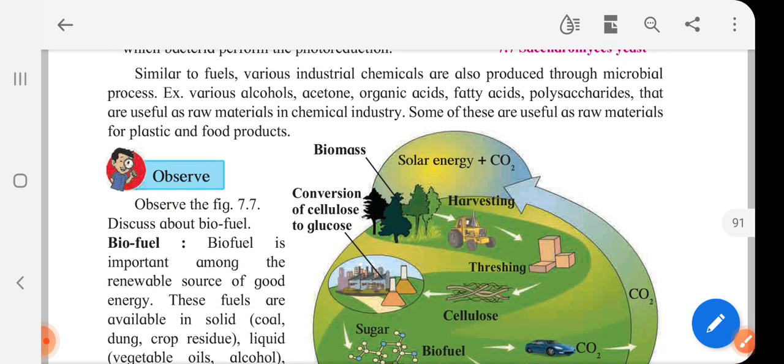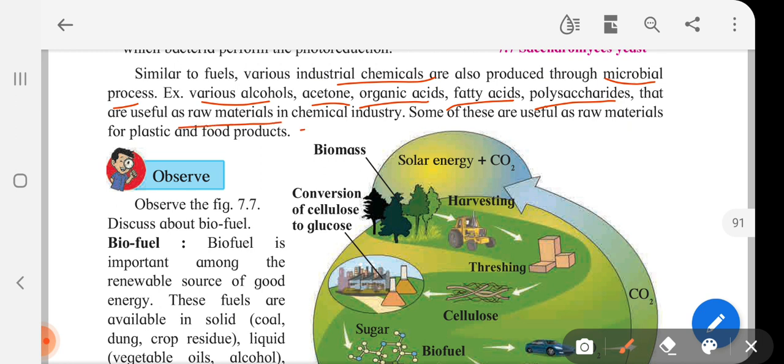Similar to fuels, various industrial chemicals are also produced through microbial process. Example, various alcohols, acetone, organic acids, fatty acids, polysaccharides that are useful as raw materials in chemical industry.